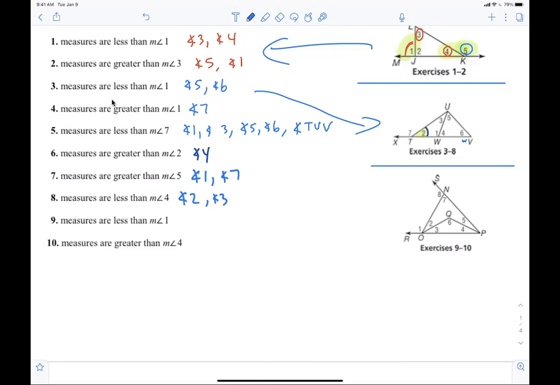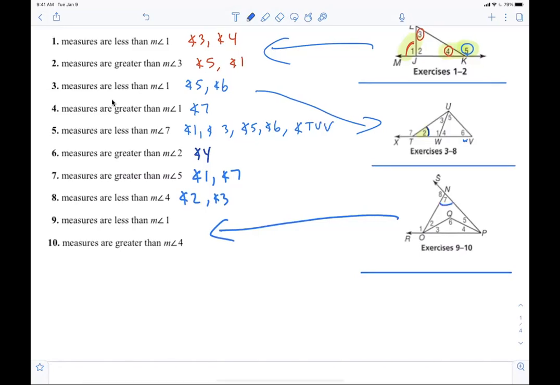No, I'm on the wrong one again because I don't pay attention. All right, here we go. So these two are over here. Sorry. Measures that are less than angle 1. Tell me again. Angle 7 and angle 5. And you're correct. So this one, and I think this one is on the test actually. This one, and what else?